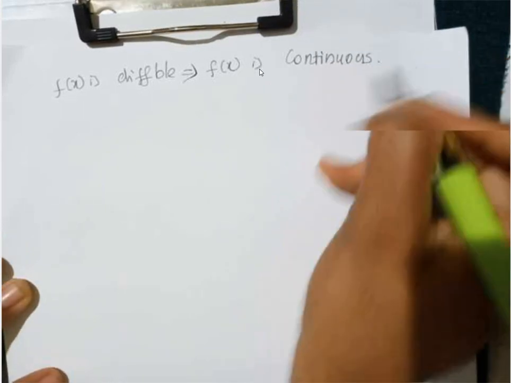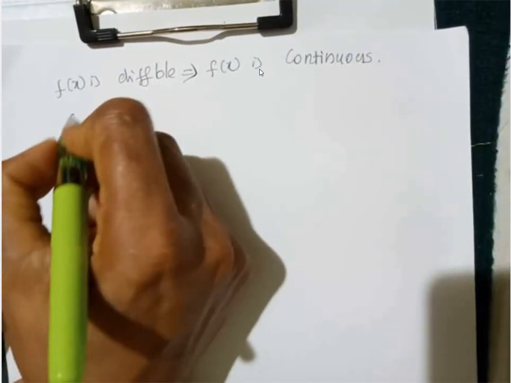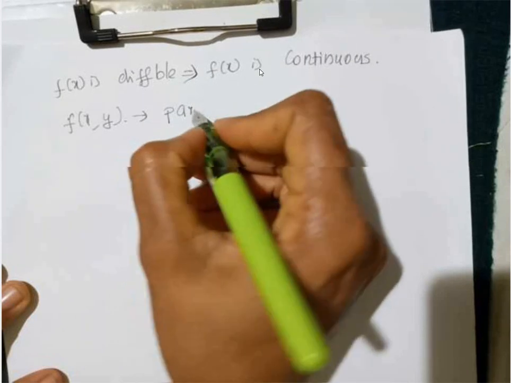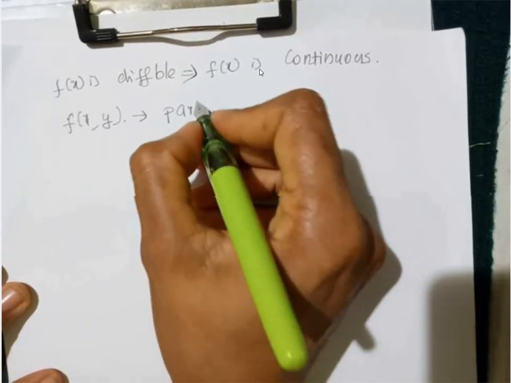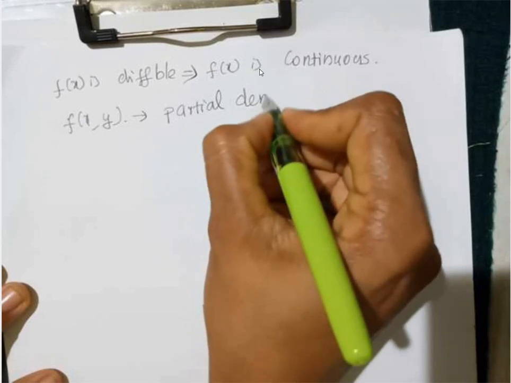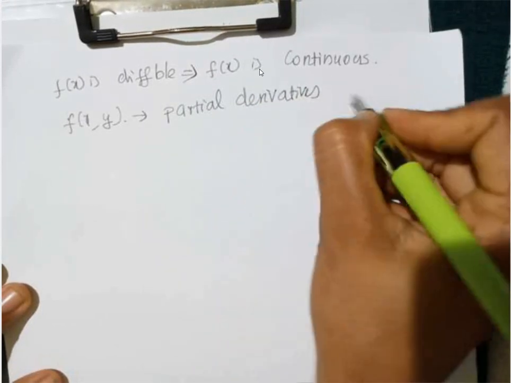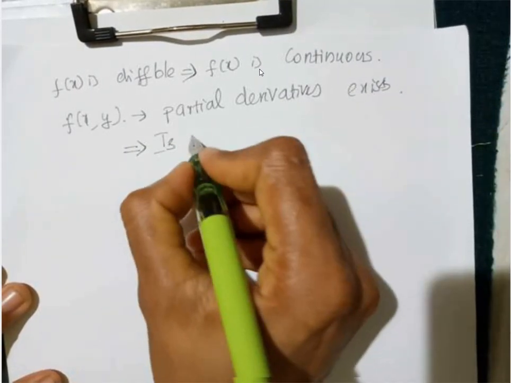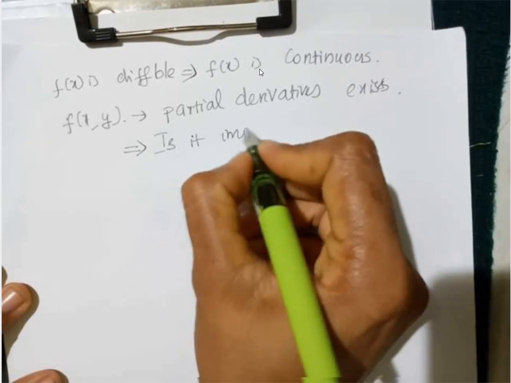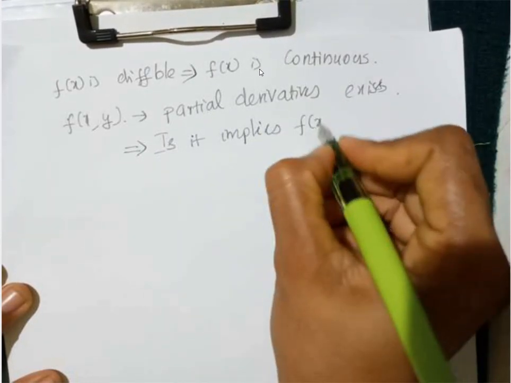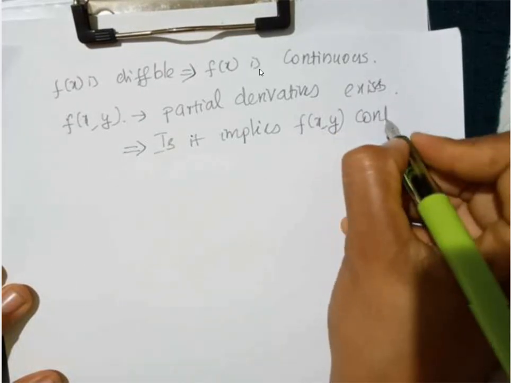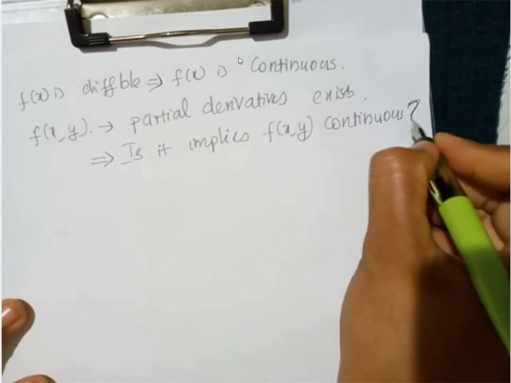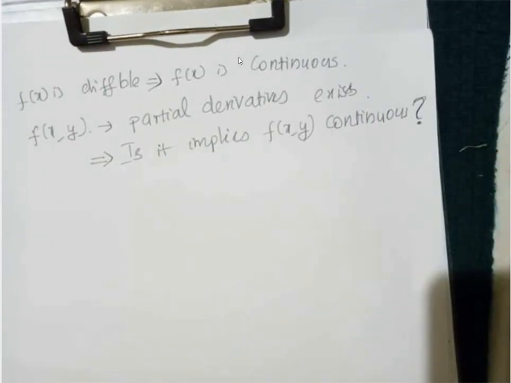What about the case of f(x, y)? Suppose the partial derivatives exist. Does it imply that f(x, y) is continuous?